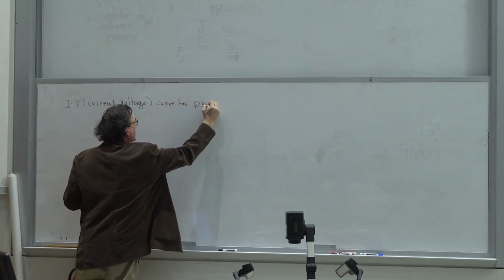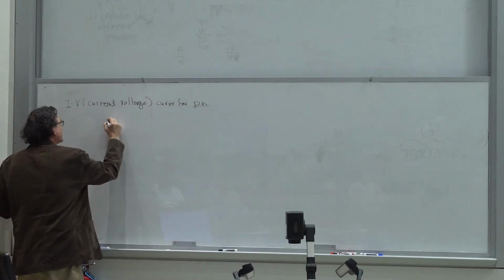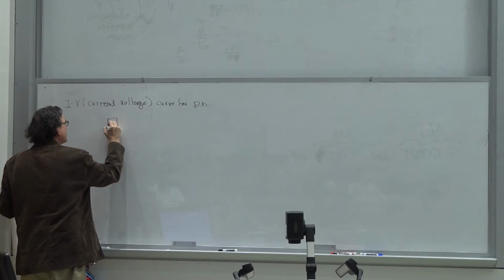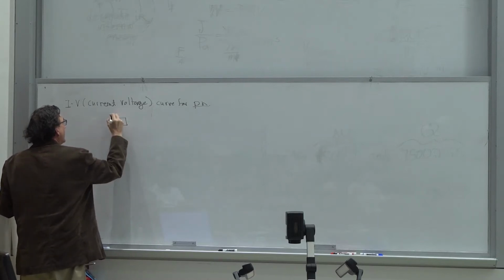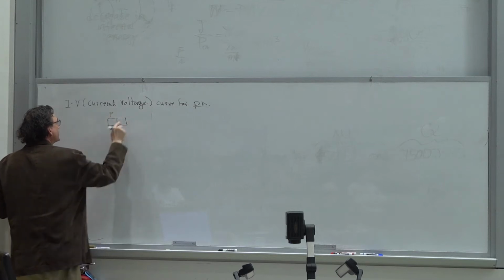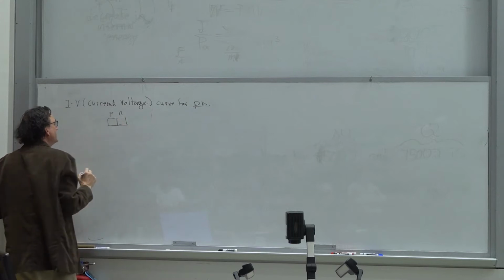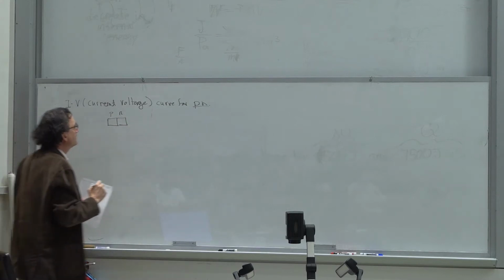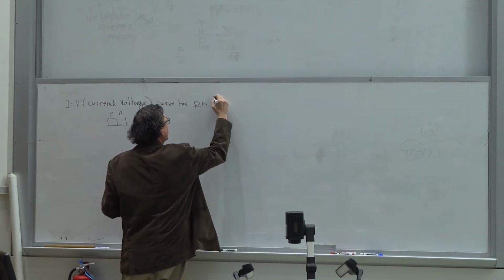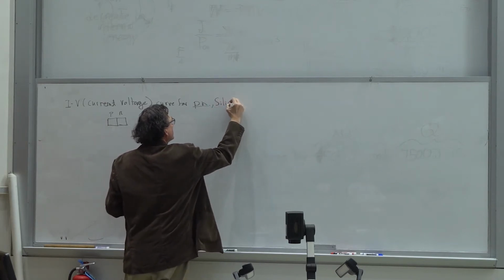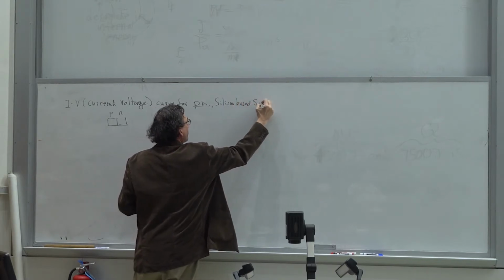The PN diode is one in which there are positive carriers doped onto a semiconductor, and the other side has negative implants, in a silicon-based semiconductor, right?